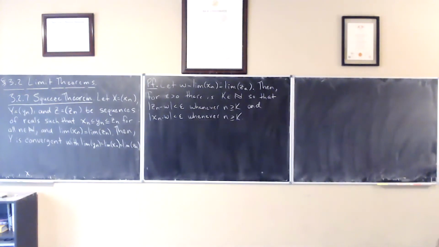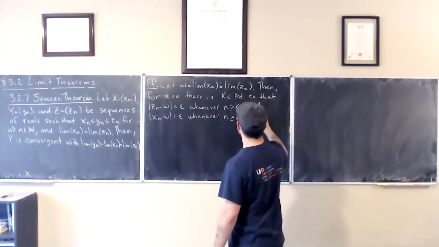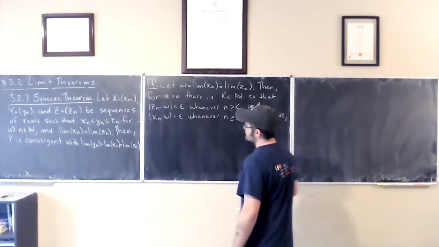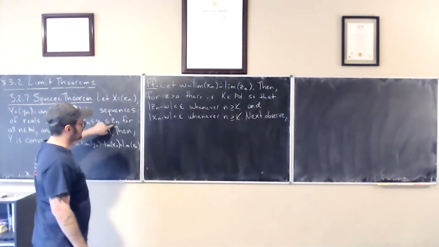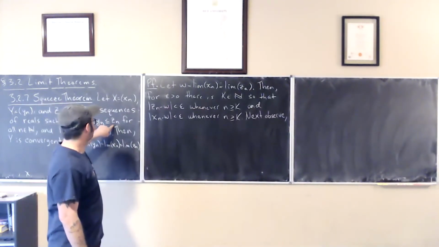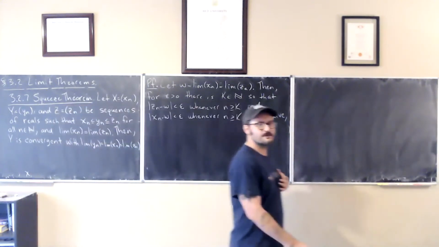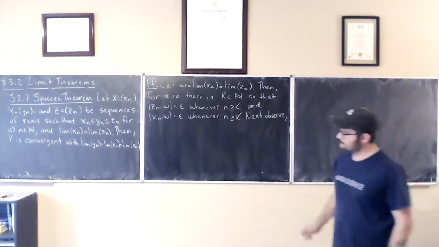Okay. So next observe that since xn is less than or equal to yn, which is less than or equal to zn, right? If we subtract anything off, then that string of inequalities is also going to hold.